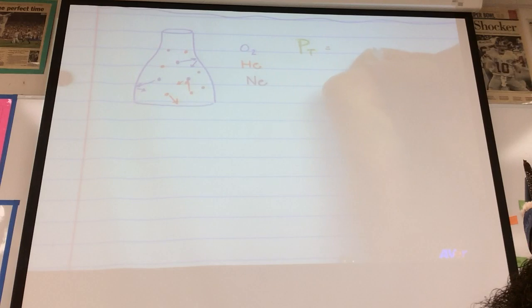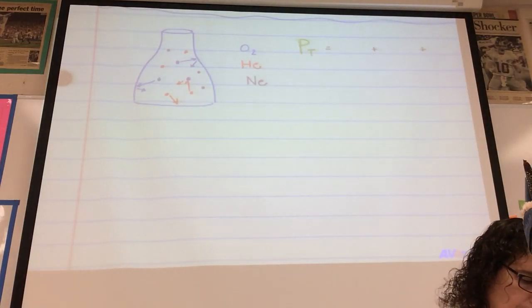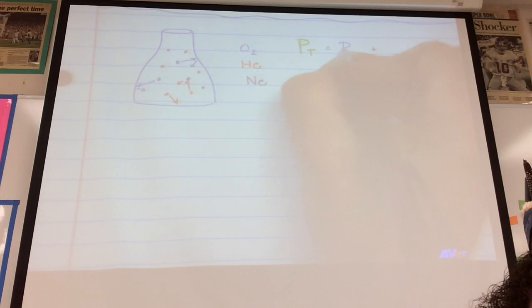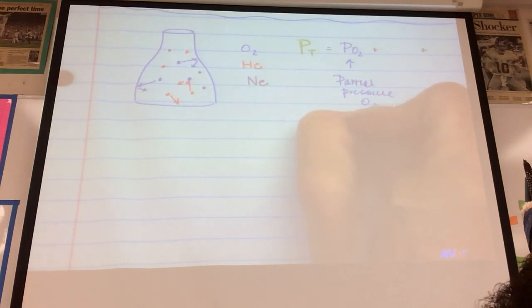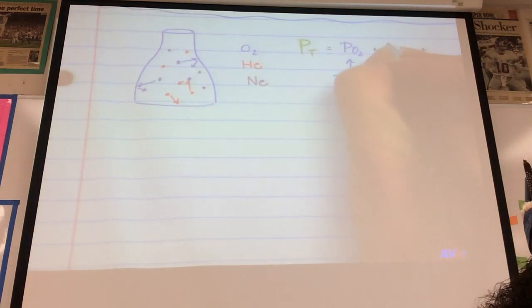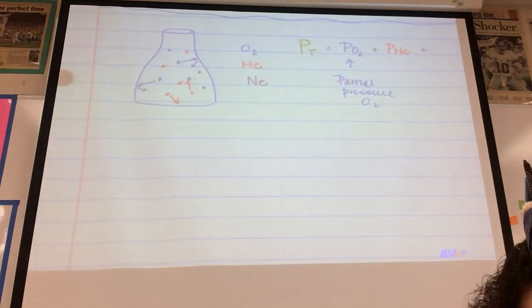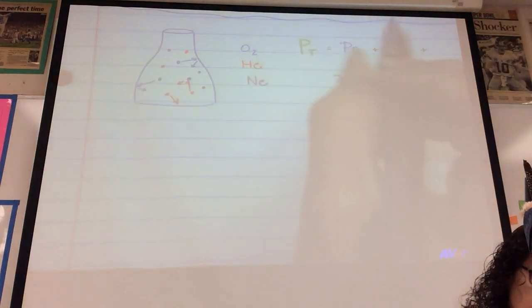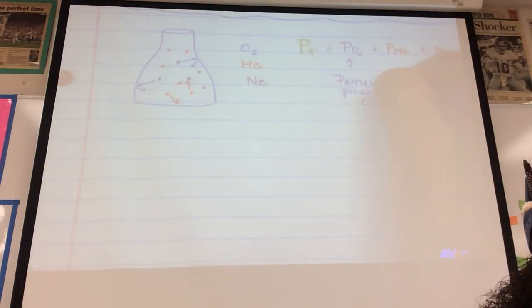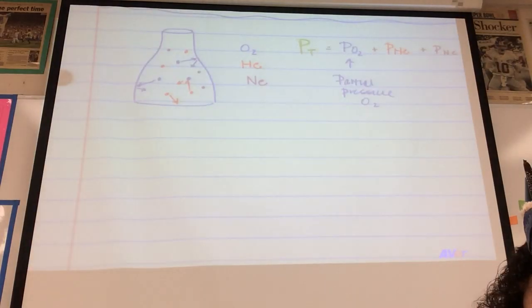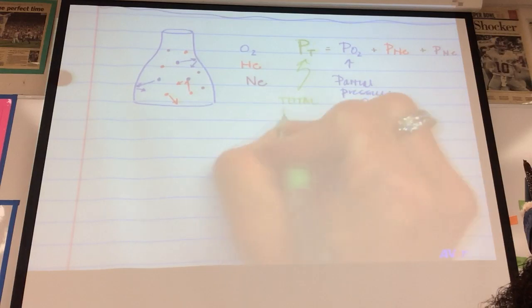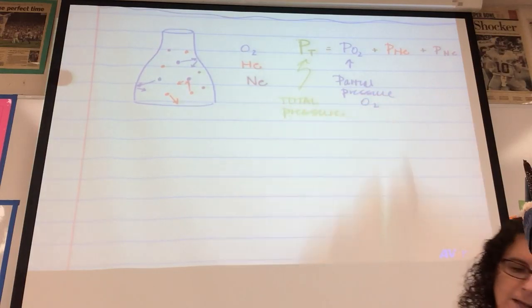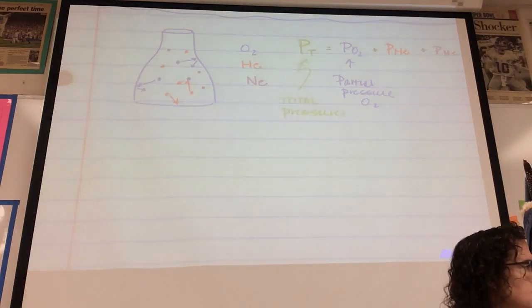So it's going to be the sum of the partial pressure of oxygen gas plus the partial pressure of helium gas plus the partial pressure of neon. And again, PT, total pressure. So the total pressure is equal to the sum of the partial pressures of all the gases in the container.